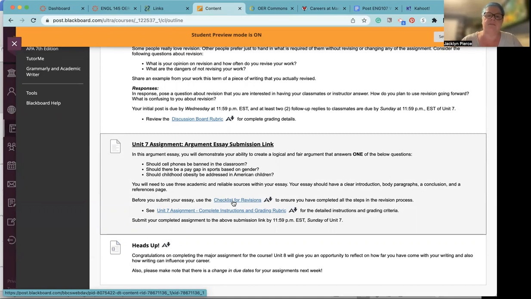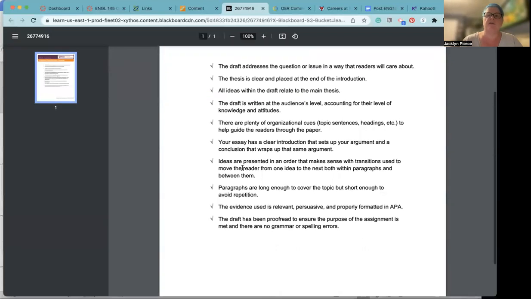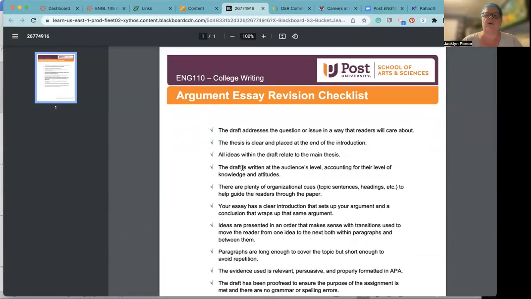So please take some time to look over the checklist for revisions first, and make sure that you apply all these questions, all these things to look for as you are revising your final version of your argument essay before you submit it.